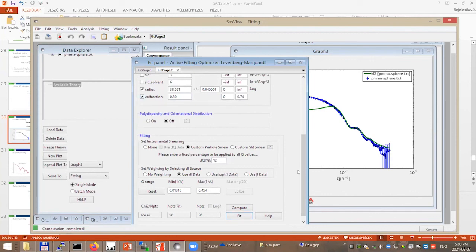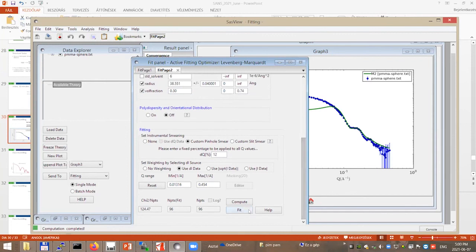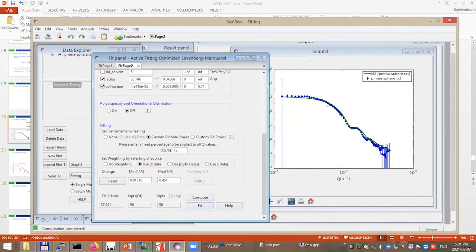Now, if we make this a free parameter, then after some effort it should return back to this. You see, the fitted volume fraction is very, very low.